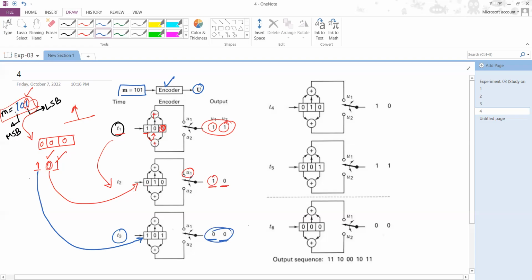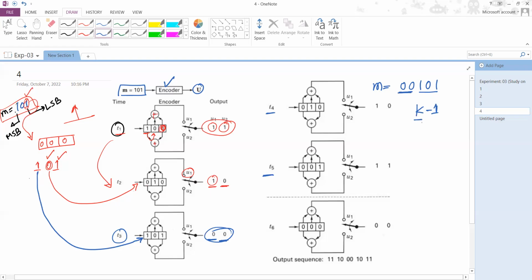There is another thing, we have to consider time t4 and t5 also. Because we have sent the message bit 101, we have to add 2 flush bits after this 101 message bit, so that all the message bits get shifted throughout this shift register. The number of flushing bits required to clean up this shift register will be k minus 1.